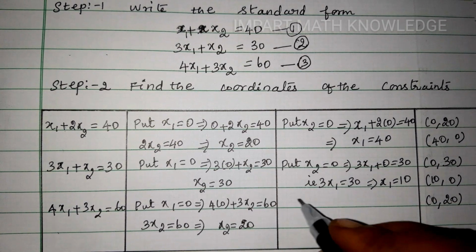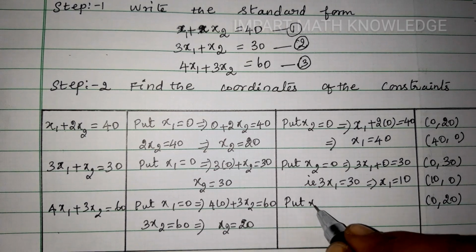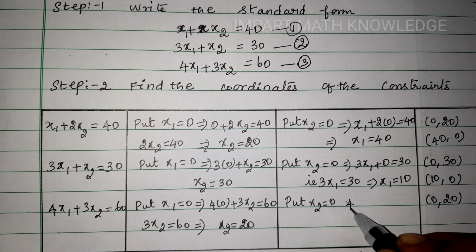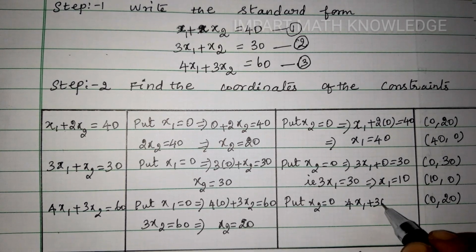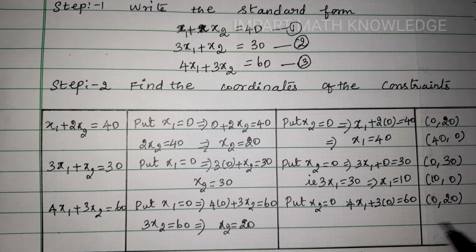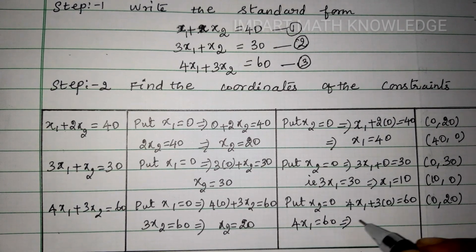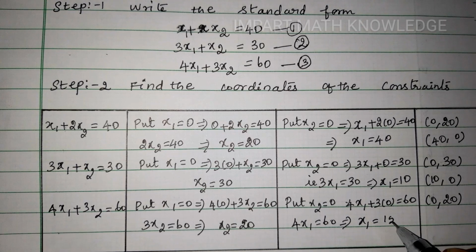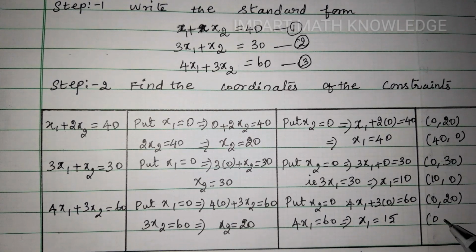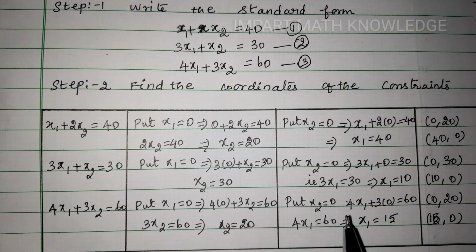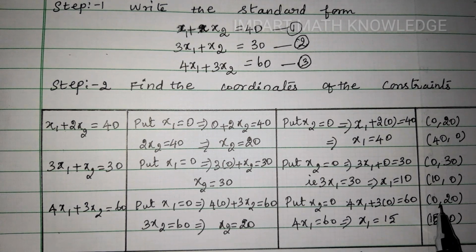Now in the same equation, put x2 is equal to 0. That is 4 into x1 plus 3 into 0 is equal to 60. 4x1 is equal to 60 implies that x1 is equal to 15. So the coordinate is 15, 0. For the third condition, the coordinates are 0, 20 and 15, 0.